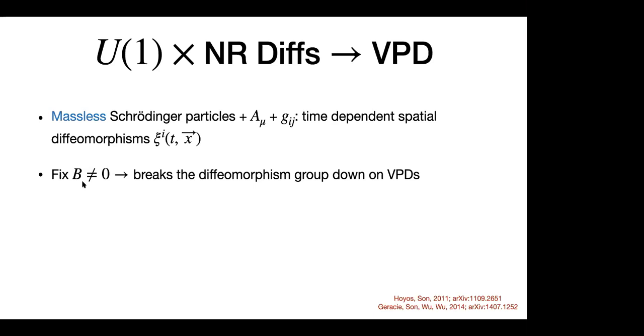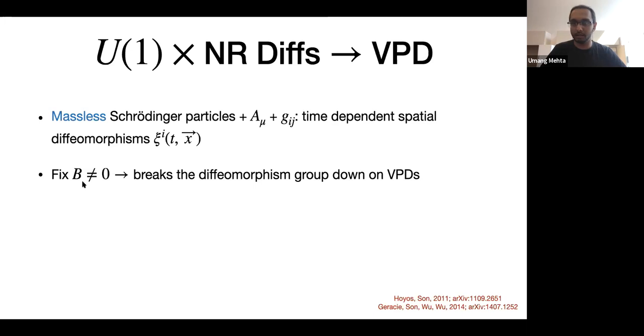The metric is flat, space is non-compact, and A mu is 0. Then there is no diffeomorphism symmetry. It's only when we turn on these fields and think of them as background fields and allow them to transform as background fields do that we have this sort of diffeomorphism symmetry. It's not exactly a symmetry because the background fields are transforming under it.